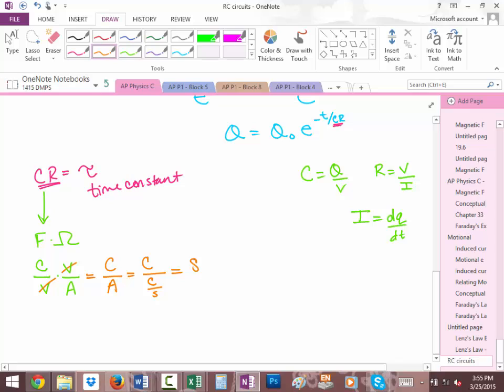I'm going to rewrite this equation with the tau in it. We're going to say that Q is equal to Q naught e to the negative t over tau. I'm going to put a box around that. I did notice, looking at the equation sheet, that none of the RC circuit equations are on it.